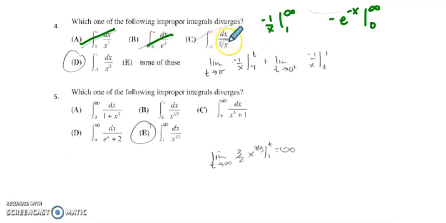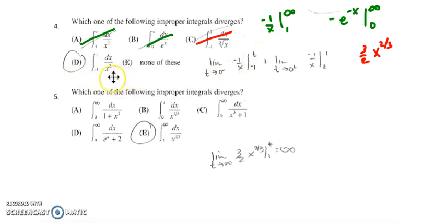When you have the cube root of x in the denominator and you integrate it, you'll get x to the 2/3 times 3/2. And it looks like this one I would have to split the integral between negative 1 and 0, and then 0 and 1. But if I were to evaluate this at negative 1, 0, or 1, I would get out a number. So that one will converge to some number.